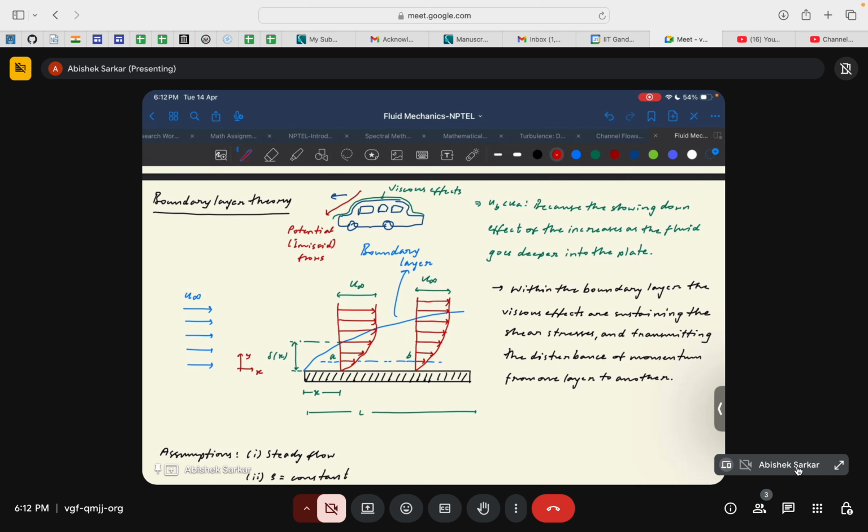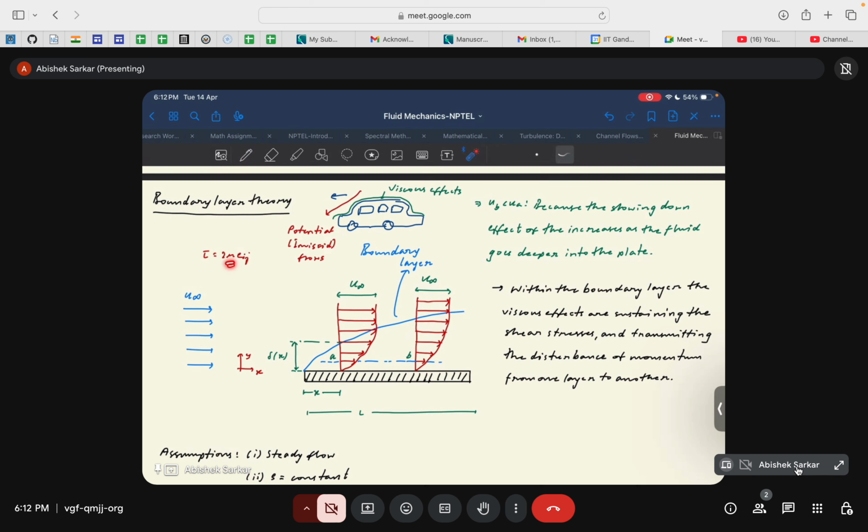Okay, so we know that shear stress is basically 2 mu Eij, where Eij is the strain rate tensor, right? So basically this represents the strain rate tensor, or the velocity gradients in a way. But since in this inviscid region the velocity gradients are so small, these shear stresses also become almost equal to zero.